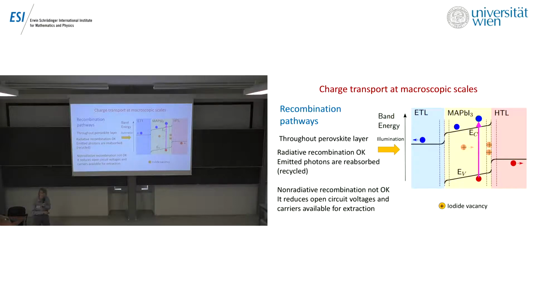Radiative recombination is fascinating, but it's not so important for a device person because the photons that get emitted simply get reabsorbed. But non-radiative recombination, on the other hand, is important because it reduces the open circuit voltage.